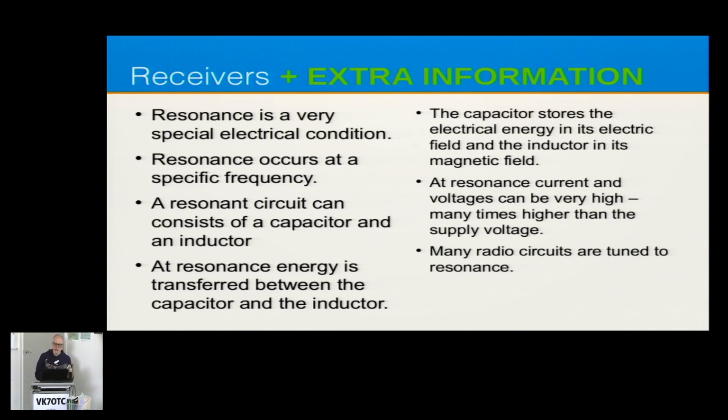It enables us to tune to particular frequencies in both the transmitter and the receiver side, and the way that it works is the energy that is stored by that inductor and that capacitor sit there and go backwards and forwards through that circuit and enable us to then tune to that particular resonant frequency.